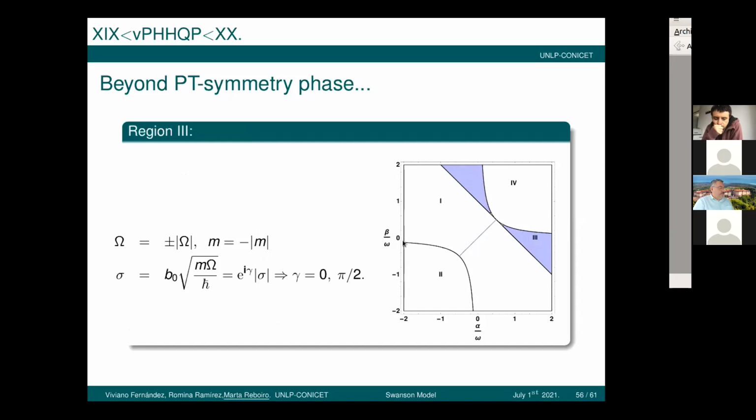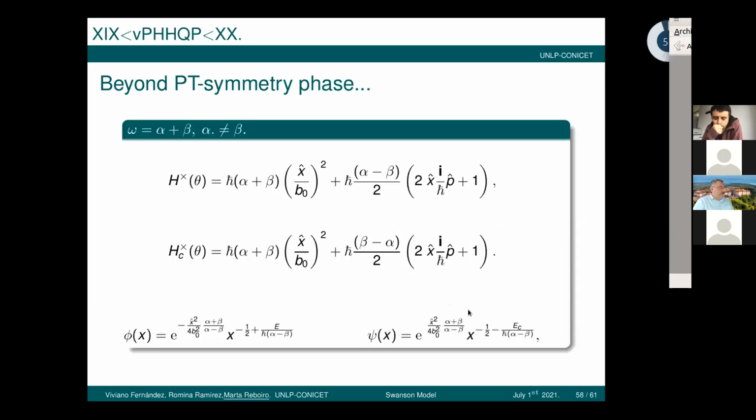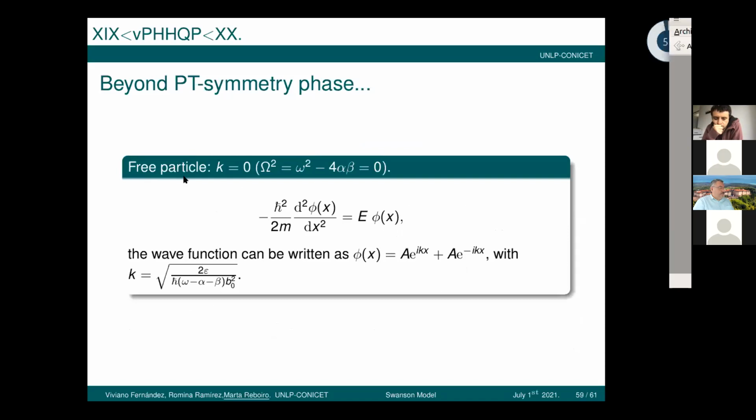So in this region we have simply the free particle motion.